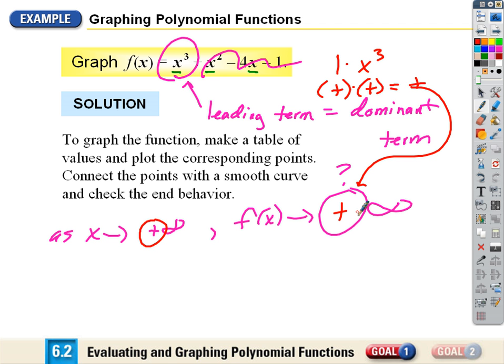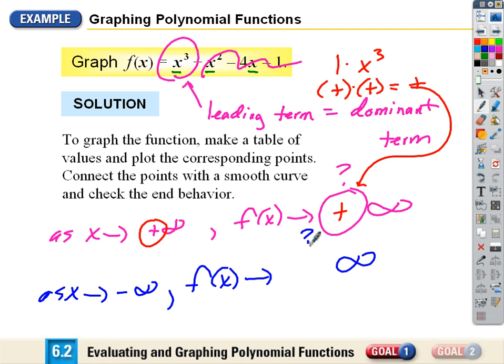Now what happens as x approaches negative infinity? f of x approaches what kind of infinity? Well, let's check the sign. As x approaches negative infinity, 1 is still positive, but what's going to happen to x cubed? Well, that's a negative number.